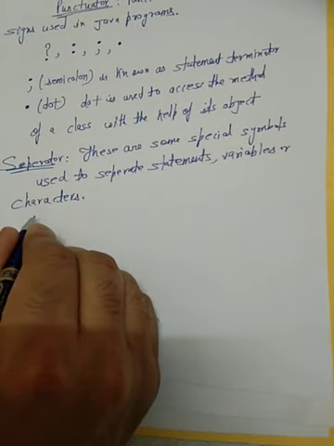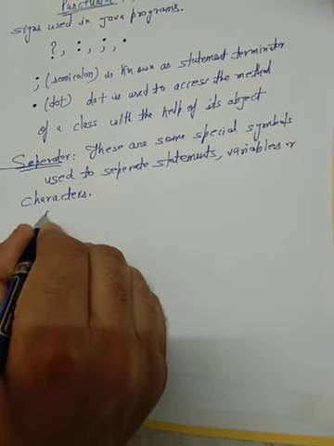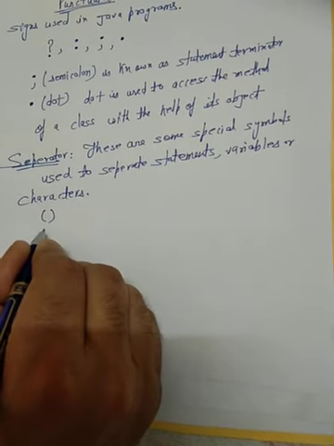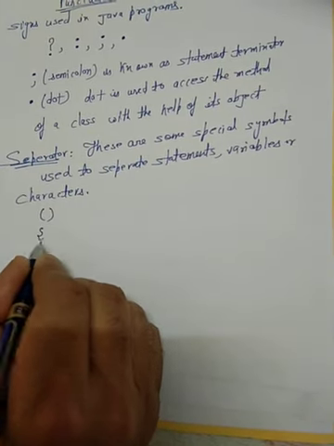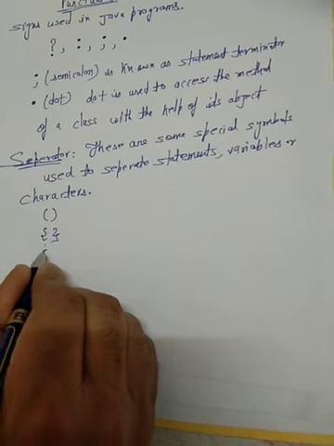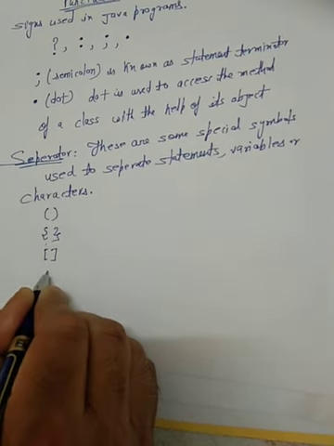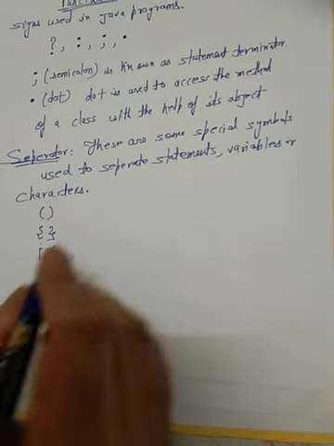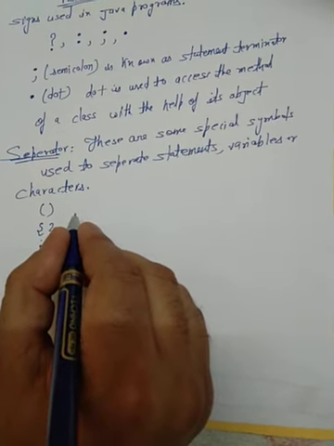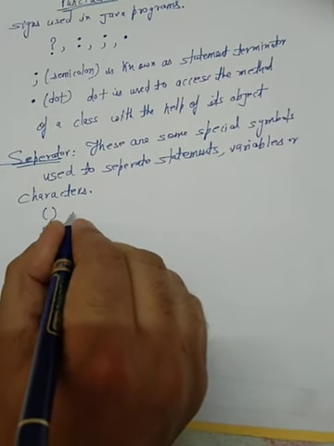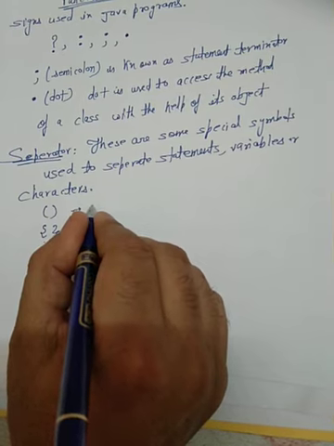The first we have here is small braces, curly braces, square bracket and comma. Why are we using the small bracket? It is used to write a mathematical expression.